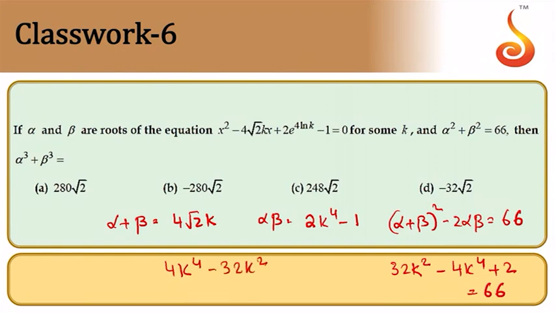So we got a fourth degree equation. The fourth degree equation we got is 4k to the power 4 minus 32k square, 2 will go that side, will give you plus 64 equal to 0. We can remove 4: k to the power 4 minus 8k square plus 16 equal to 0.